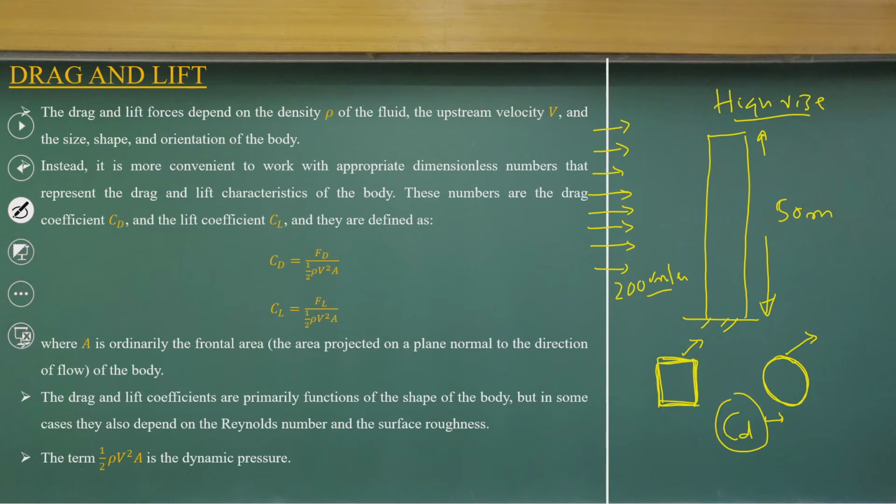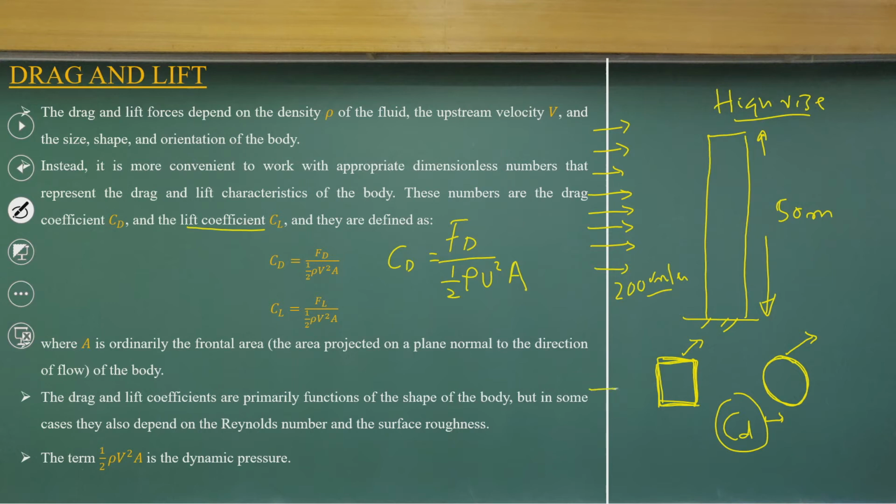So, we can define it in a very simple way. The coefficients of lift and drag are functions of, because if you know the CD value, you can estimate the drag force as half rho v square into A. A is the frontal area.